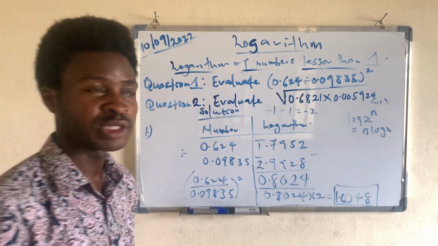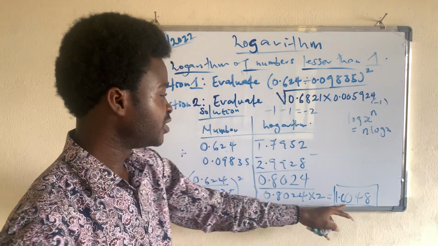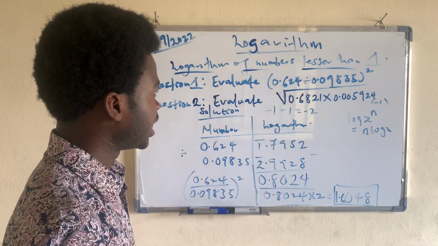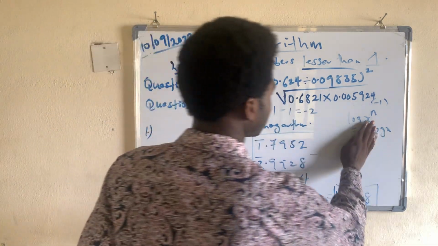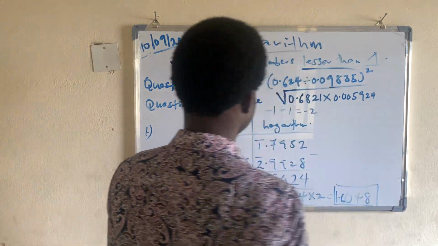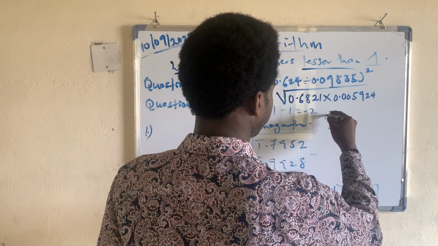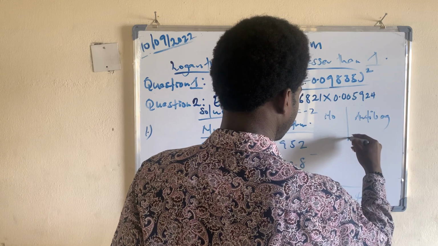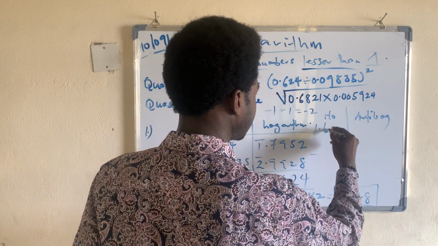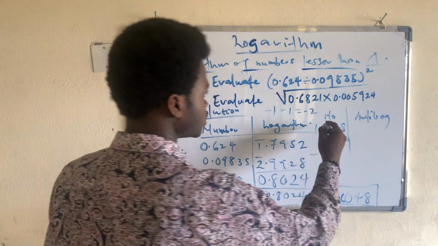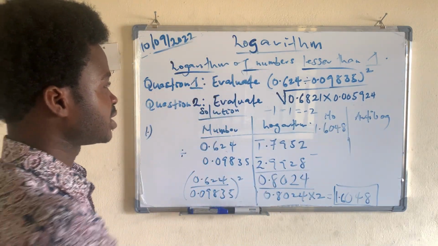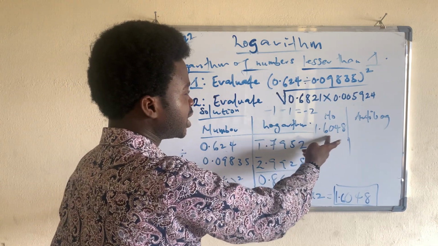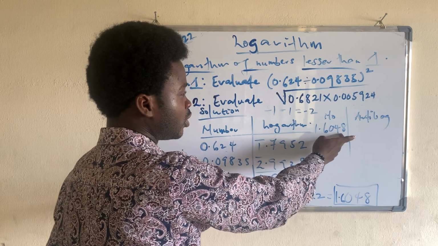So what we quickly do now is to take the antilog of this value to get the exact answer for this expression here. So we have number and the antilog. So the number is 1.6048. To get the number, we forget about this; we don't work with this. We work with the number after the decimal point. So we say 60 under 4 difference 8.